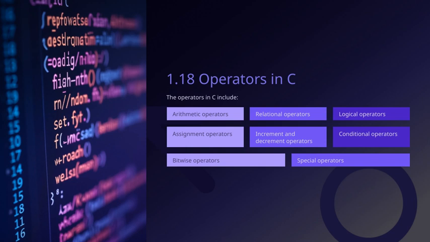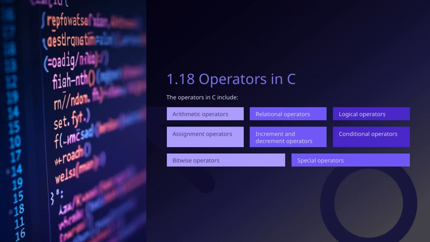Next are the assignment operators, used to assign values to variables, with the equals sign being the most common. Then we have bitwise operators, which work at the bit level and are useful for low-level programming tasks. Relational operators are used to compare values, such as equal to, not equal to, greater than, and less than, forming the basis of decision-making in code.